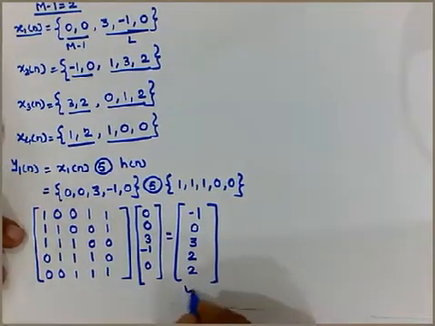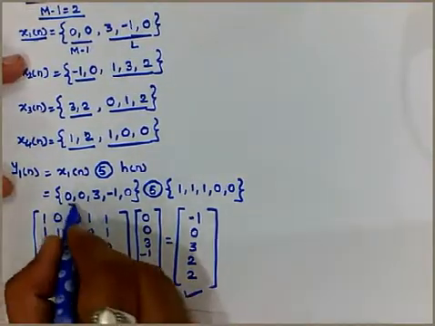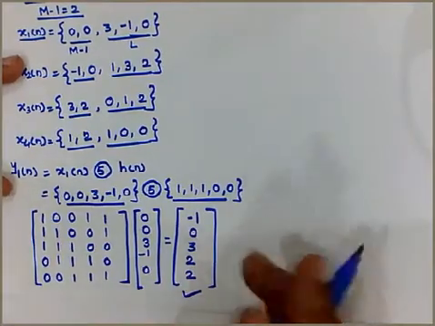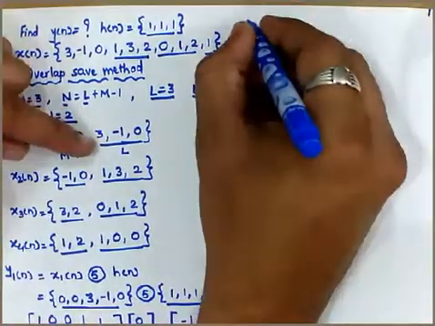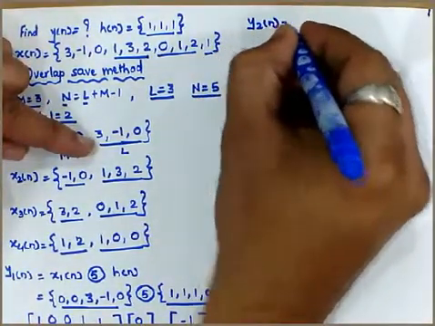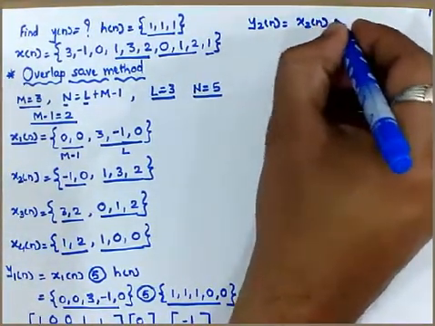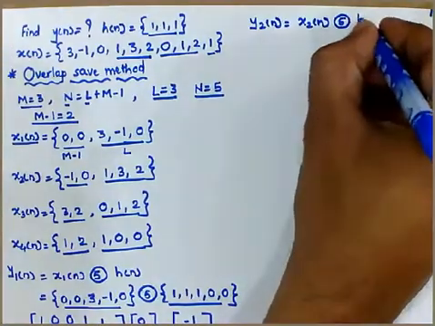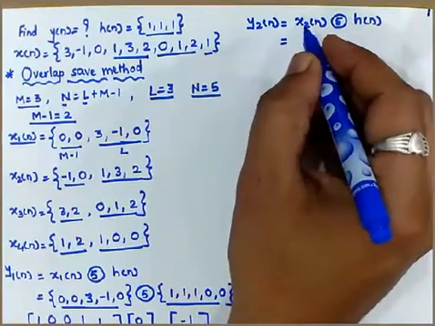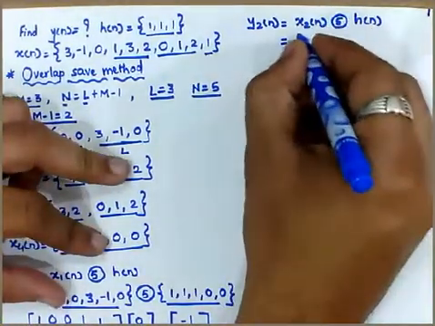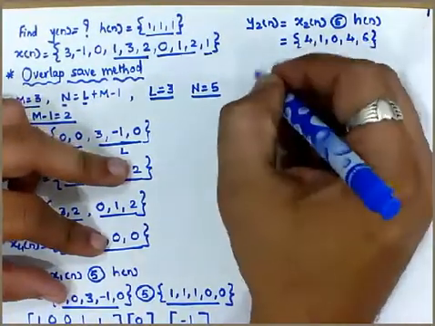So this is how this y1 of n is obtained for the given x1 of n convolved with h of n. The same kind of practice has to be repeated for calculating, let's say, y2 of n. Let me write the y2 of n directly. This y2 of n, after x2 of n is circularly convolved with h of n using 5-point circular convolution, will give the value 4 1 0 4 6.